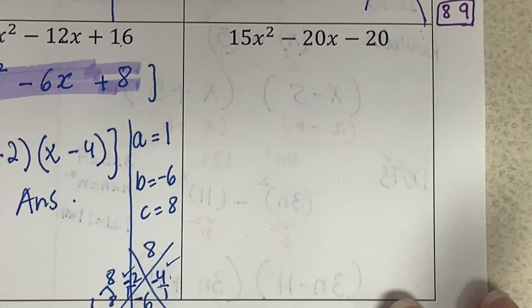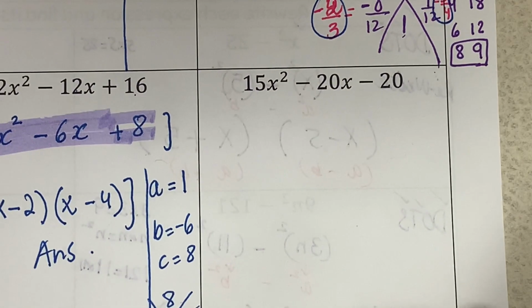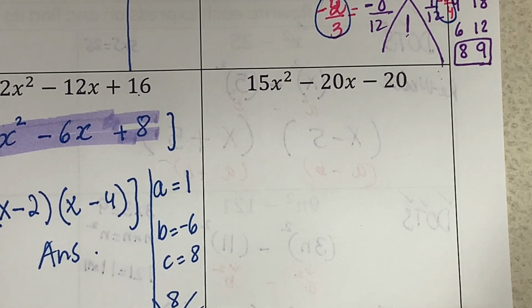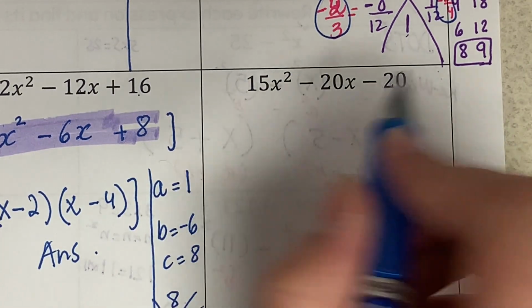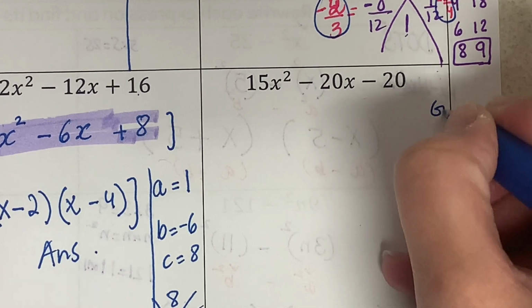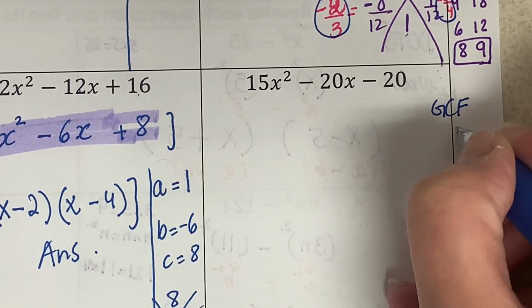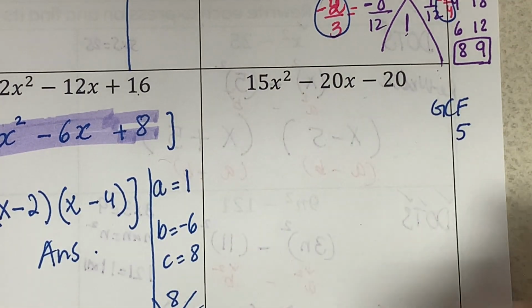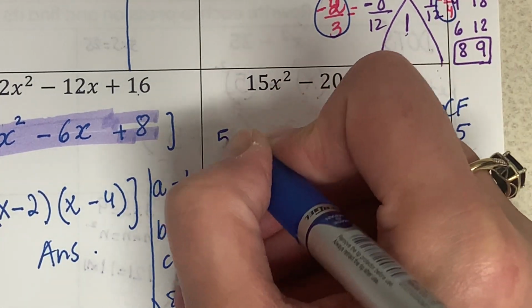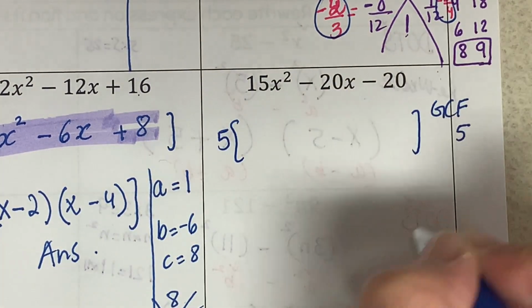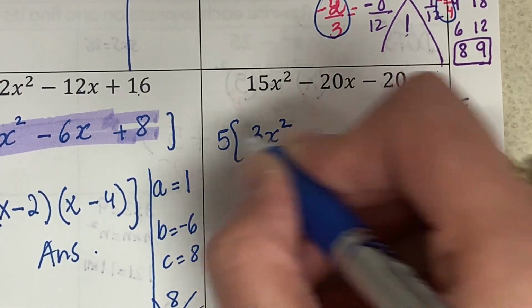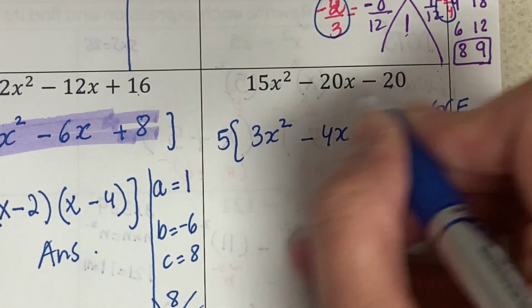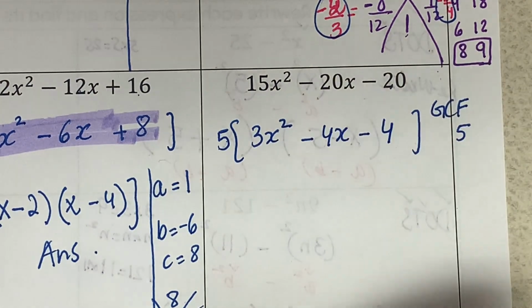Next example is similar, so you actually can pause and work on your own, but you can continue because I'm gonna solve it. Do I have a greatest common factor? Yes, I have a GCF, which is 5. I'm left with 3x squared minus 20 divided by 5 is 4x. 20 divided by 5 is 4.